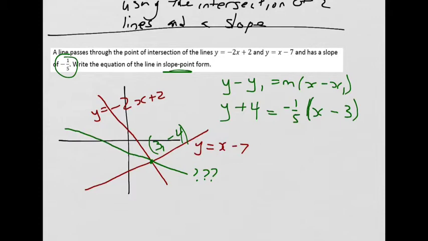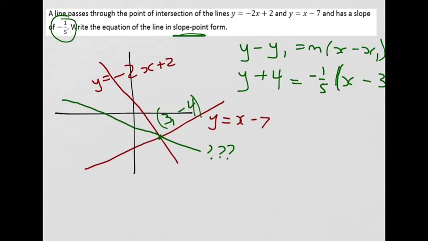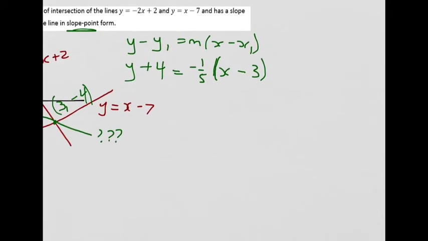Okay. If we wanted to convert this into slope-intercept form so that we can graph it, we can just do a quick test to make sure that this line actually goes through that point, right? Because maybe we made an error here, and it would be helpful if we could graph that green line and watch it go through the intersection of those other 2 lines. So let's put this in slope-intercept form. So I'll bring the 4 over. So that's -4.